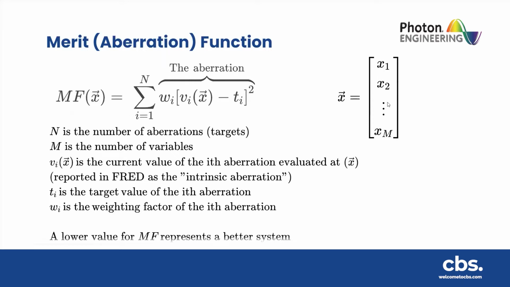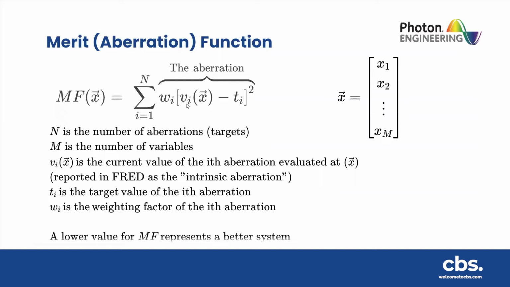And when we've chosen values for these, which is something that the actual optimization function does, that defines some position x in variable space. And in the merit function, essentially what we do is we look at each position we're at, we calculate the value of the thing we're interested in.